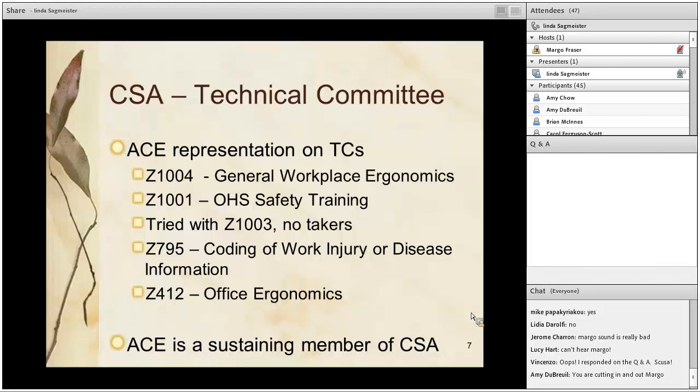I could be wrong about the Z1003, but as I recall it, we had put a call out to the membership and didn't have takers. There were people on that committee for sure that are members of ACE, but I'm not sure that we had anyone there who was officially recognized as an ACE representative. And if I'm wrong about that, feel free to correct me when I'm done here, and I'll be happy to change that.